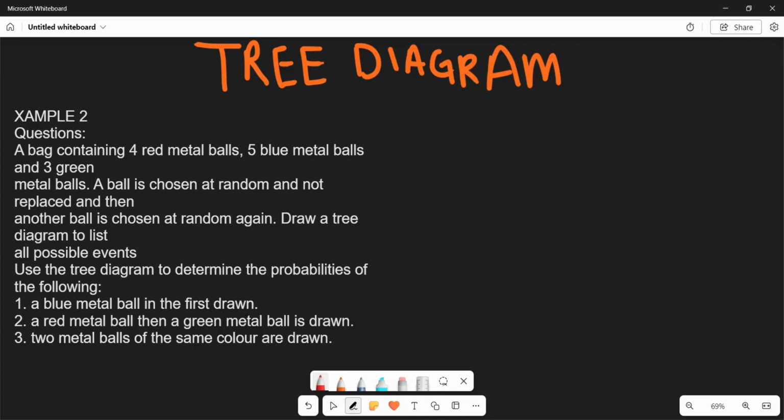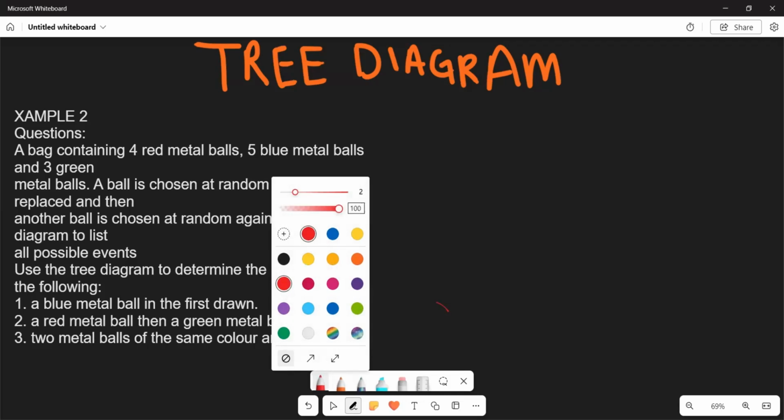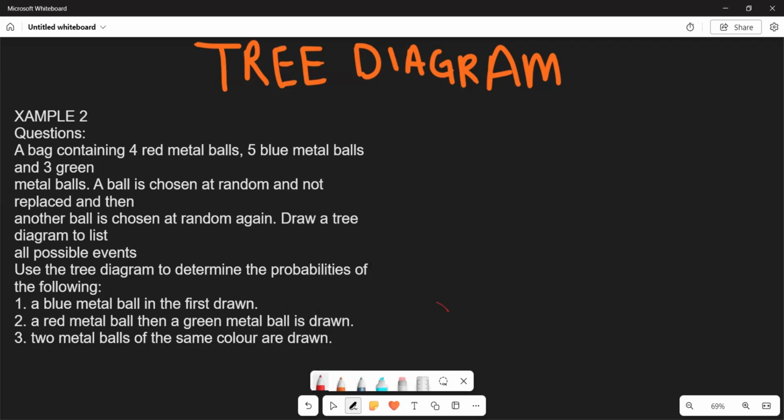A ball is chosen at random and not replaced, and then another ball is chosen at random again, which means we are having 2 balls being chosen in there, right?